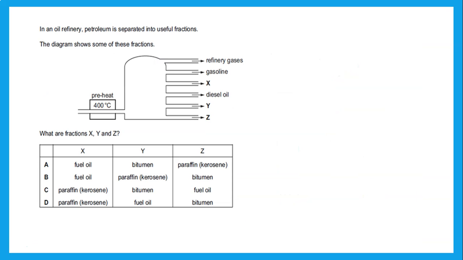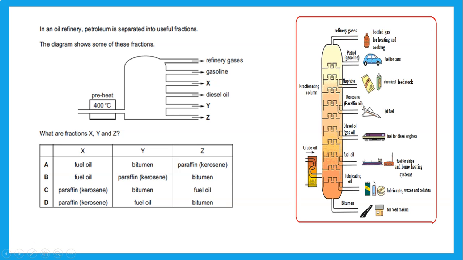This question says in an oil refinery, petroleum is separated into useful fractions. What are X, Y, and Z? Well, you should know the order in which these are obtained. So, refinery gases is the one on top, then gasoline is below it. Now, what is X?